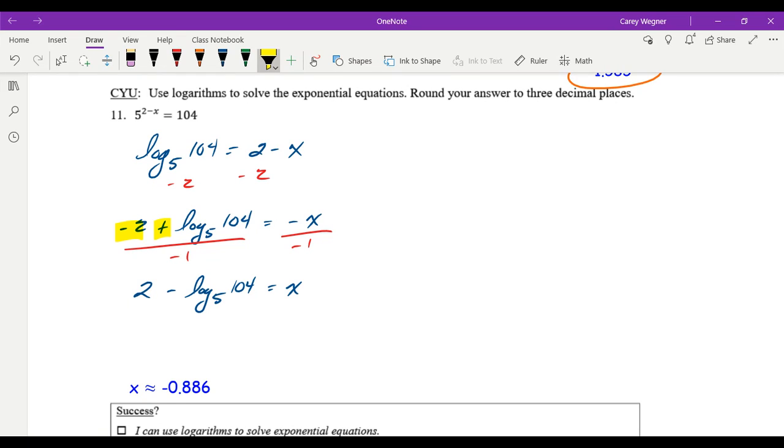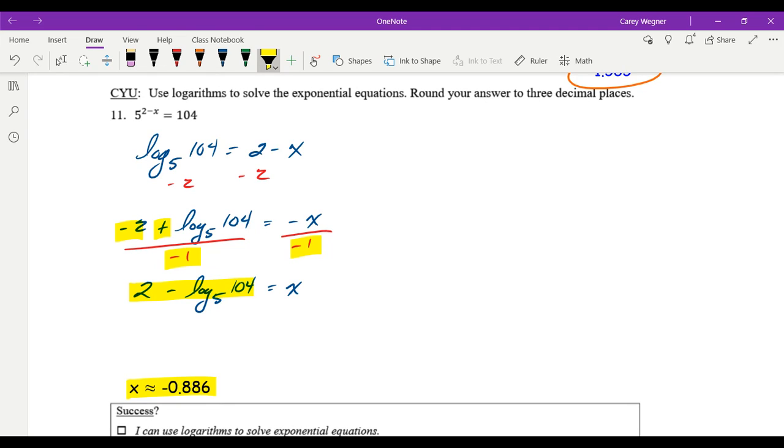For this question, I was kind of thinking ahead, recognizing that I was going to be dividing by -1, which would change my signs. And so I just liked how this answer would look, rather than doing the negative log base 5 of 104 plus the 2 afterwards. Here's the answer we should get when we plug it into our calculators to get an approximate decimal value.